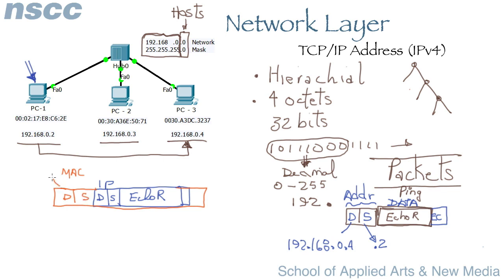So the destination MAC address that has to eventually be created will be this. So that will have to go in the destination. The source MAC address will come from here.